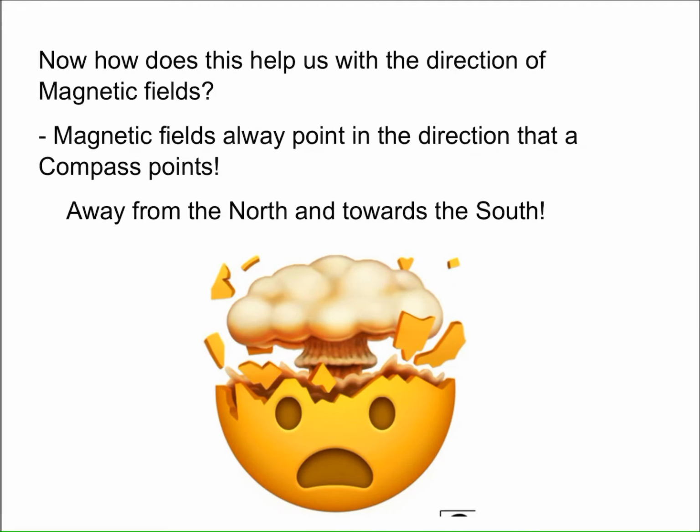So, in reality, that just means that a magnetic field always points away from the north, because remember, the north side of the compass is repelled by the north side of the magnet, and it's attracted by the south side.